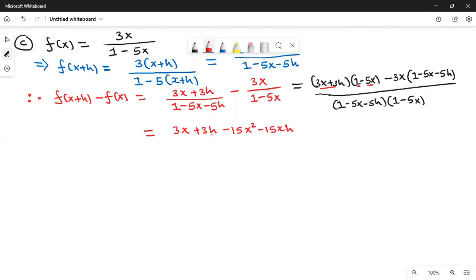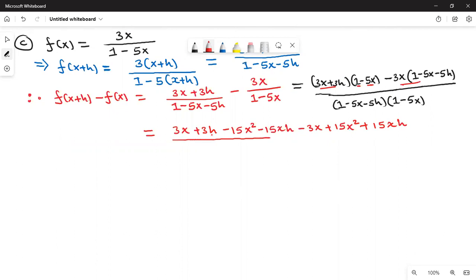Then open this other bracket: that will give us negative 3x plus 15x squared plus 15xh. That is the numerator.